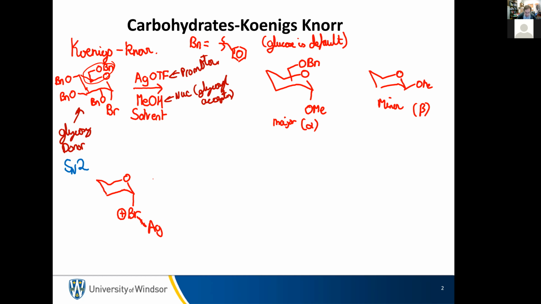Now, if it's SN2, what would happen is our methanol nucleophile would come in here and would displace the bromine. Typical SN2 reaction, with inversion of configuration, and we would get a beta product.